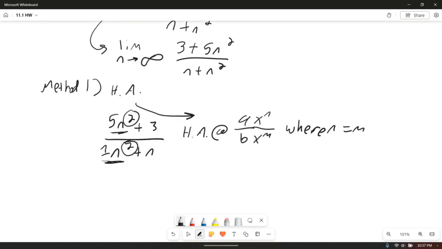So for this one, the limit as n approaches infinity of 5n squared plus 3 over 1n squared plus n. And actually I wrote this wrong.